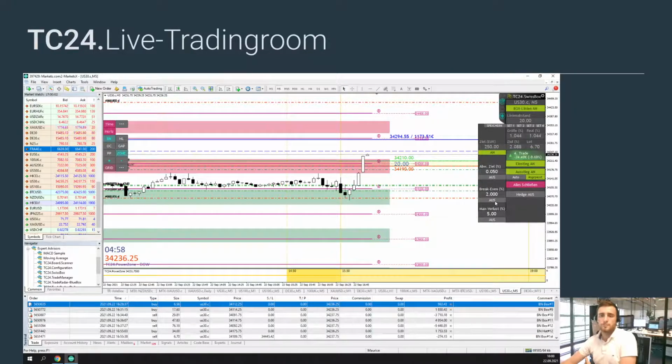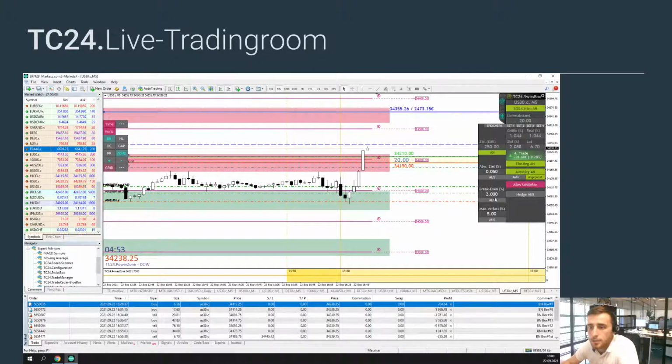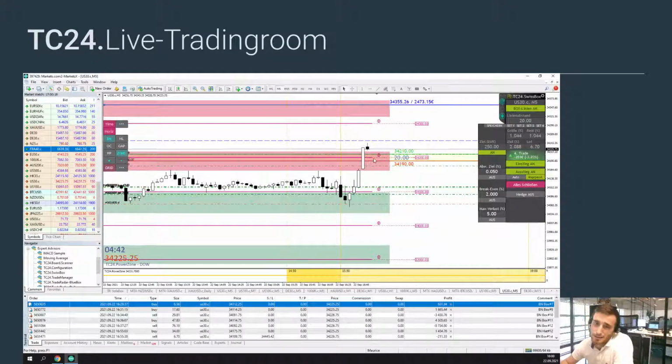Okay, so now once we get above that dotted line, we can then turn on that break even and then let that trade run as far as it wants. As soon as it retraces, it's going to close it in at 2%, and that should be done. If it continues up, that was.